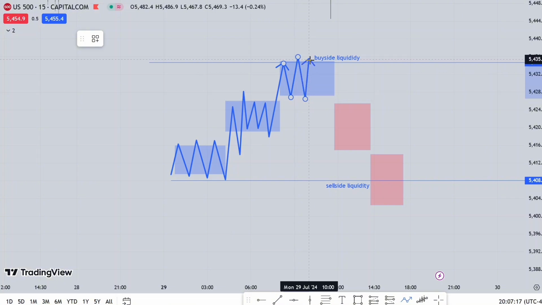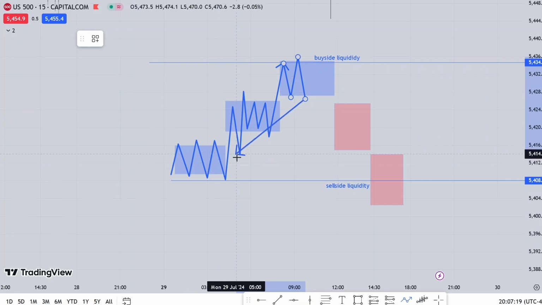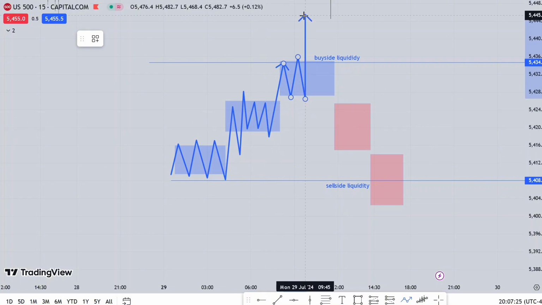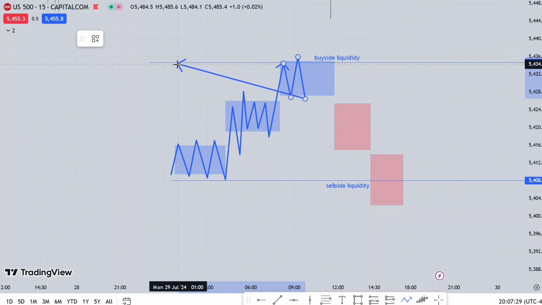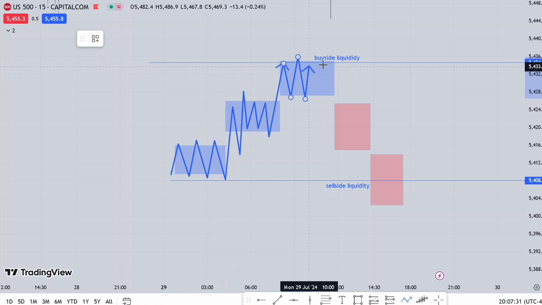So after the first stage of distribution and the second stage of distribution, price will then rally higher to neutralize those buy stop orders resting above buy side liquidity, and price will go into a form of consolidation.